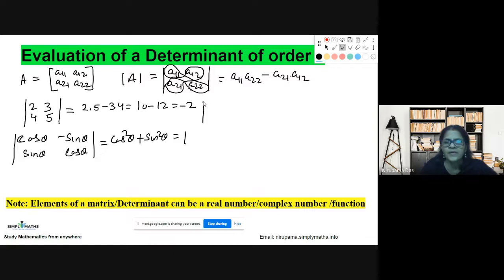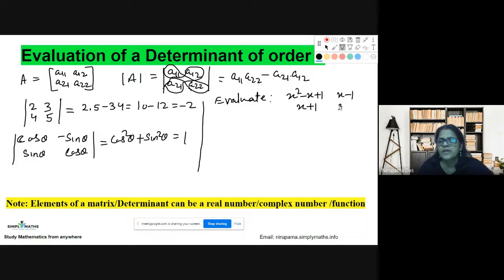And if I take another example, evaluate the determinant x square minus x plus 1, here x minus 1, x plus 1, x plus 1. So we have to take x plus 1 into x square minus x plus 1, minus x plus 1 into x minus 1.